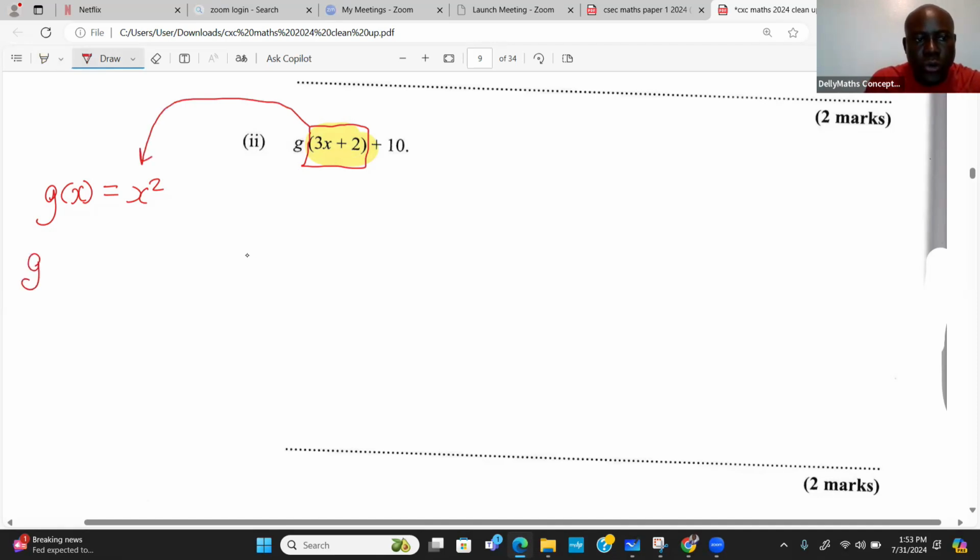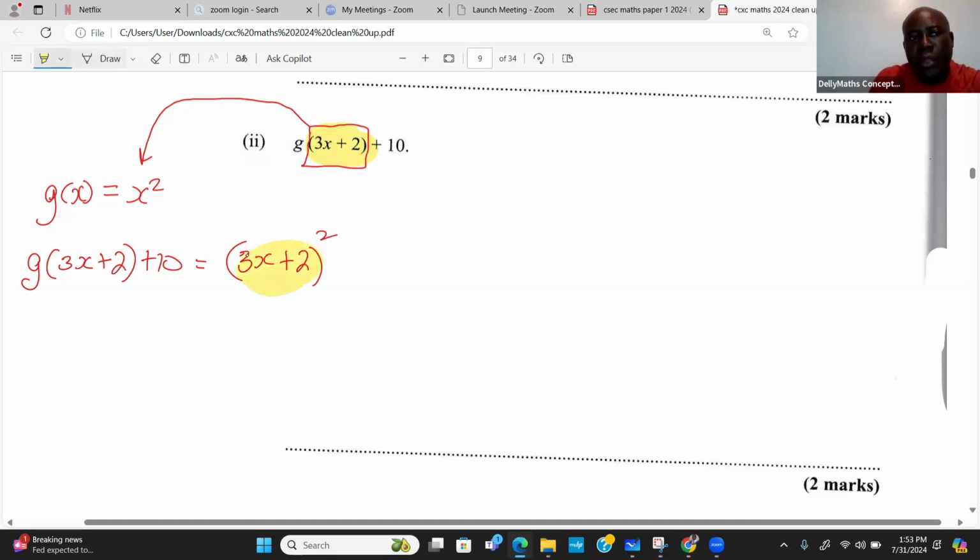But the only part that can go where x is, is the part that's in the parentheses. So what we're going to have here is actually 3x plus 2 squared. So that's the only part that could come here.